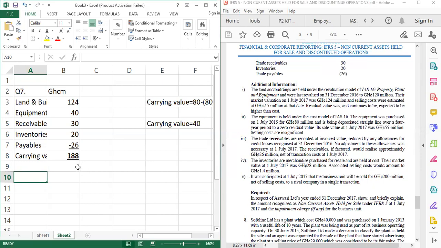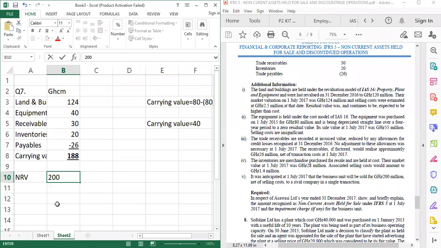The current value is 188, isn't it? Yes, it is. So what is the net realizable value? It's 200 million.